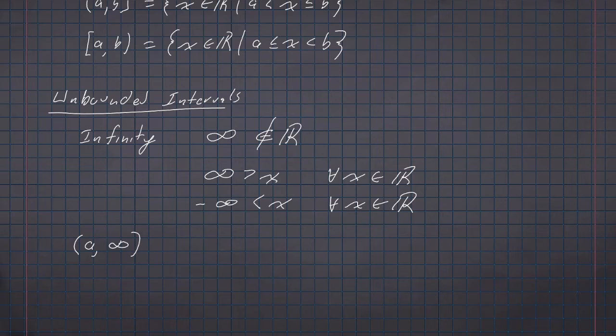But because infinity is not a real number, we cannot include infinity in an interval, which is why we use the open interval at infinity, no matter whether or not the other side is open or closed.